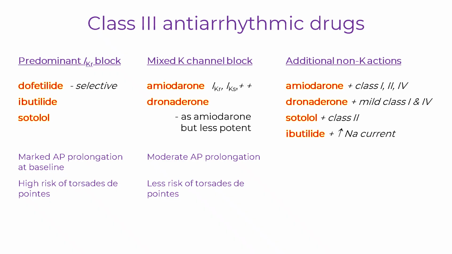In addition, some class 3 drugs have important non-potassium channel actions that further influence their electrophysiological profile. Amiodarone, for example, also blocks sodium and calcium channels and antagonizes beta-adrenergic receptors.